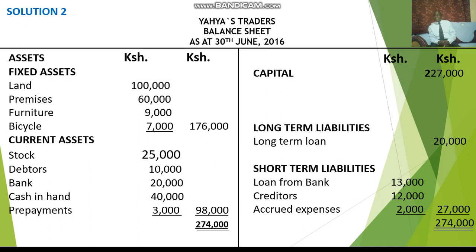That's total assets minus total liabilities. So in our case, capital is equal to total assets, which is 274,000, less total liabilities, which is 47,000. So we get the difference, which is 227,000. That is, capital is equal to the excess of assets over liabilities.